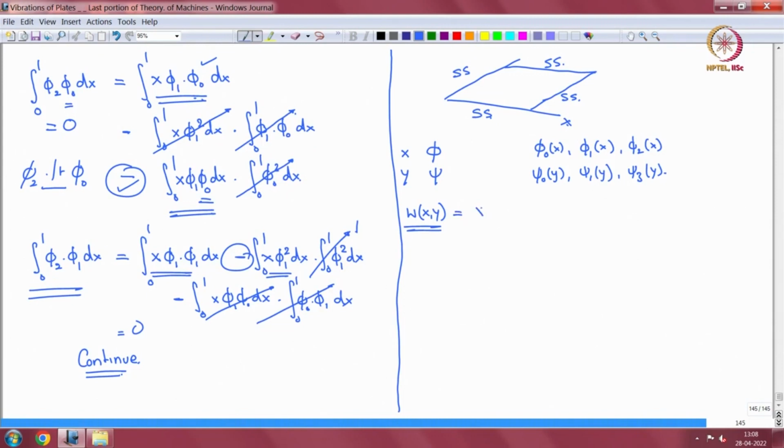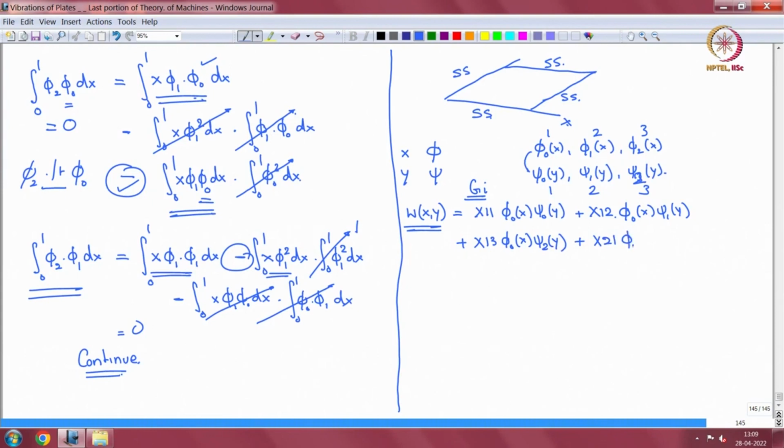That is done by using the coefficients: x11 phi 0 of x psi 0 of y, plus x12 phi 0 of x psi 1 of y, plus x13 phi 0 of x psi 2 of y, plus x21 phi 1 of x psi 0 of y, and so on.